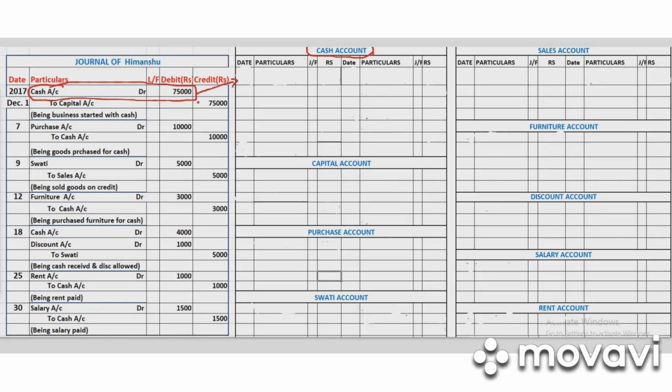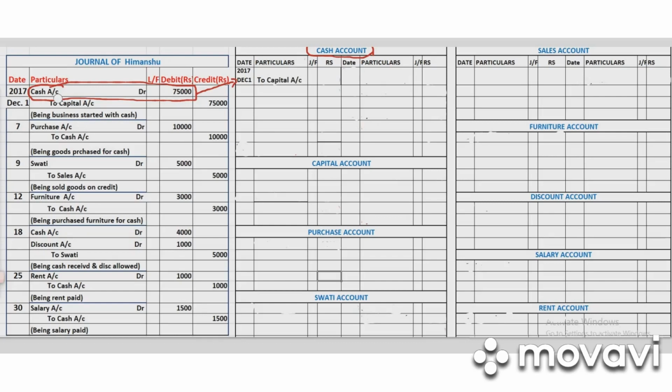How will it be put? I will just show you. First we write the date, because the date is 2017 December 1. Put the date. This is the debit side, dear students, and you simply write to capital account. Here I will tell you why this capital account is written.